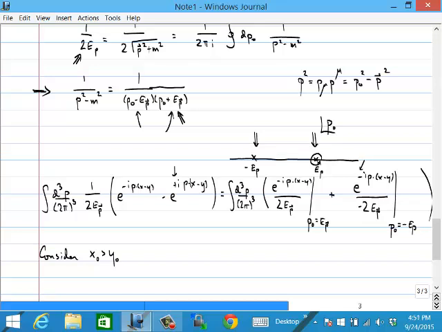If x0 is bigger than y0, then this commutator that I've written above is an integral d3p over (2 pi) cubed times a contour integral dp0 over 2 pi i, and I'll put a circle there to remind ourselves it's a contour integral, times e to the minus i p dot (x minus y) divided by p squared minus m squared.